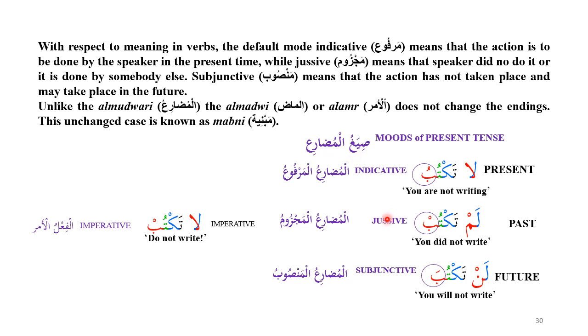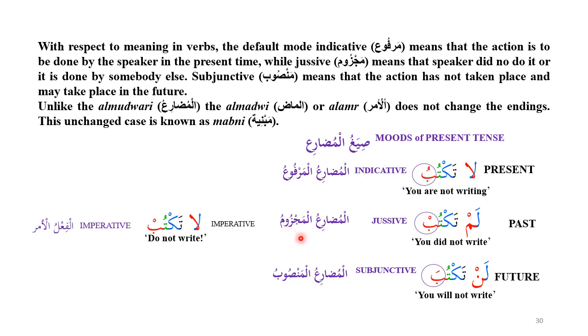It can be mudariul marfu, the indication is with the dhamma, which is called indicative in English, and mudariul majzum, called jasib, which is shown by the sukun, and the subjunctive, which is shown by the fatha, is mudariul mansub, right? So mansub and marfu are like the case of ism, but there is no majrur case in case of verb.